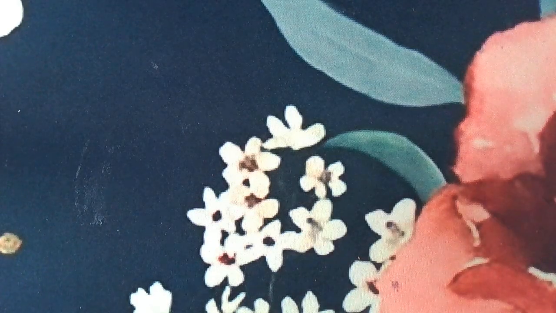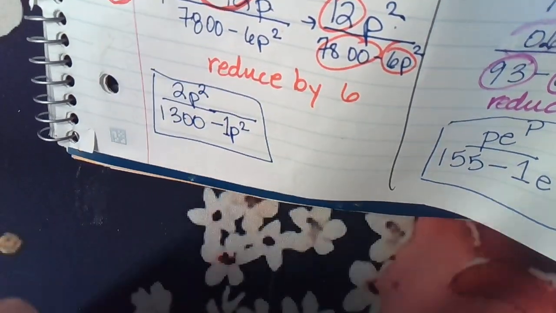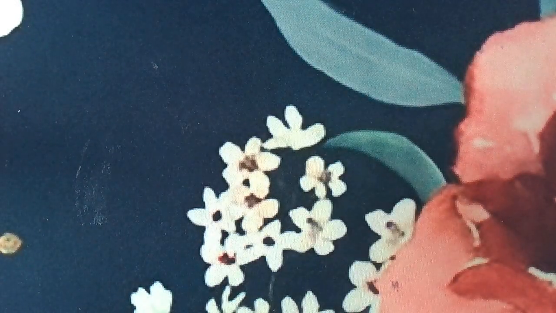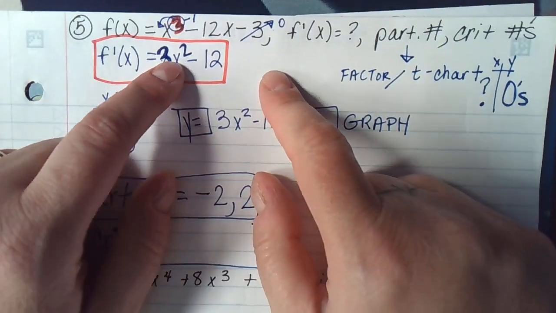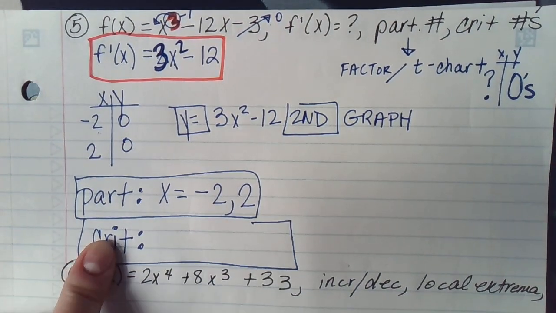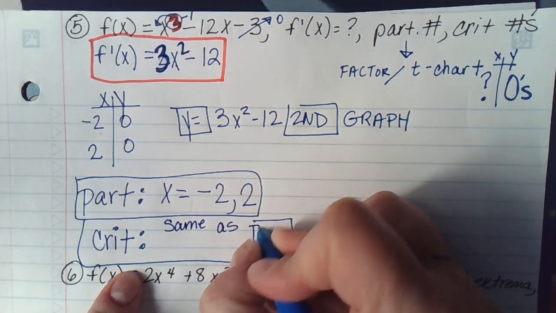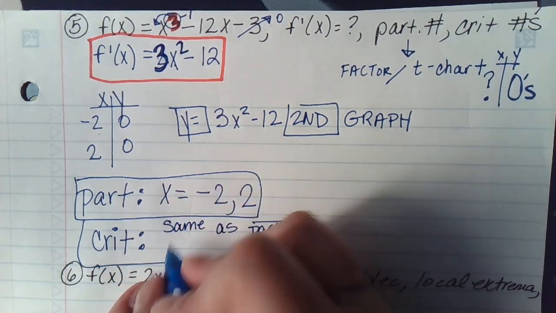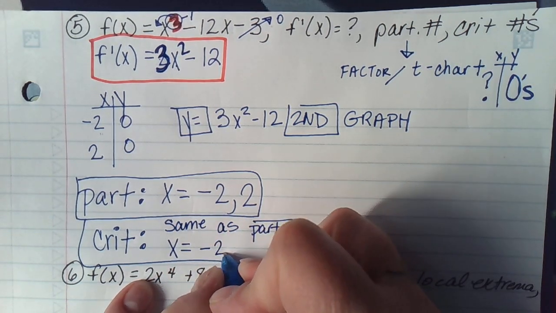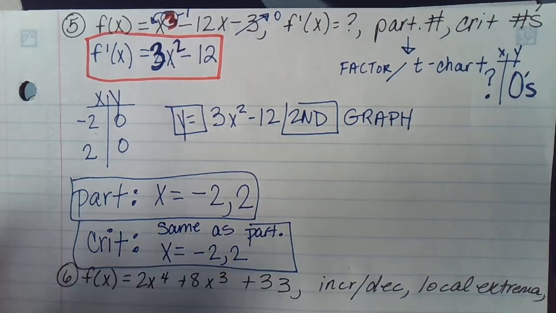If we had started with a fraction, then the partition and the critical numbers would be different. But we did not start out with a fraction, so we don't have any asymptotes. So the critical numbers will just be the same as the partition. It's going to be like that on the test too, so you might want to write that down: same as partition. I'm not going to give you something funky on the test.